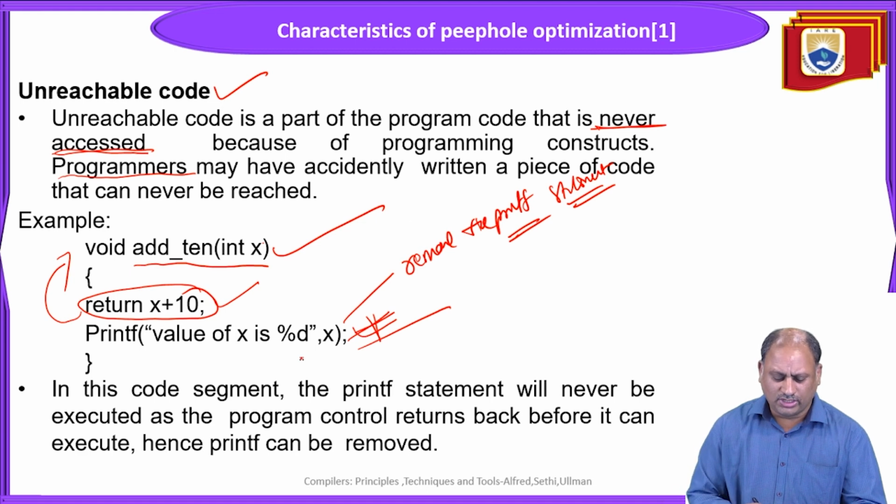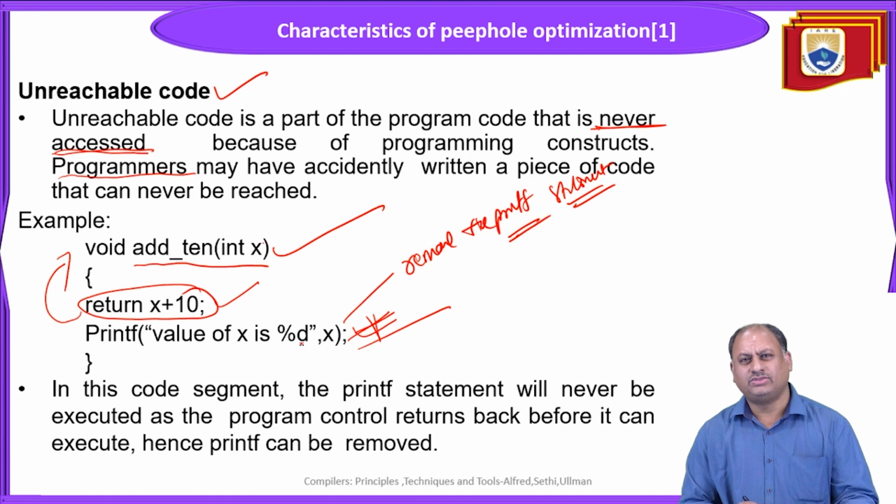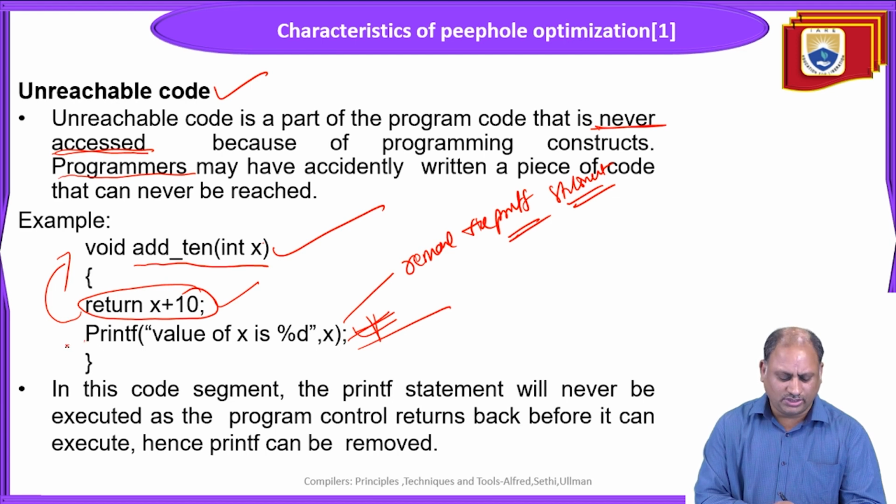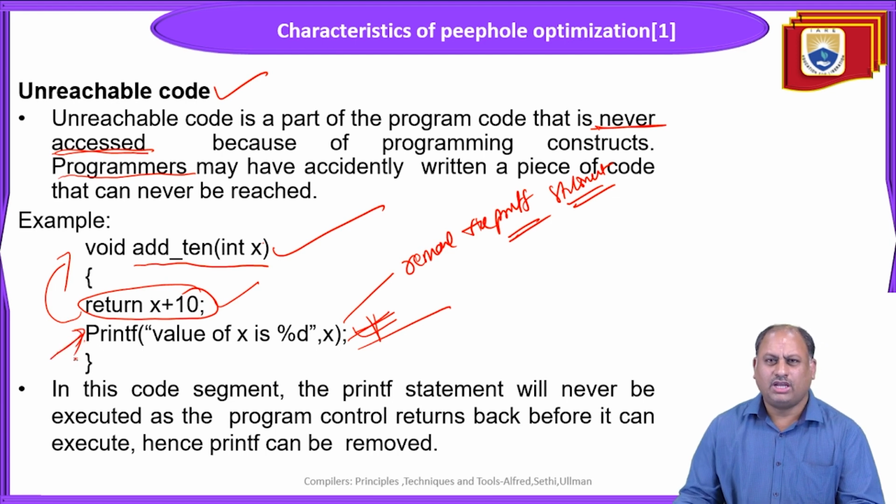So this is an example of source code where the lines of statements are to be available and executed properly. If that is required, we can keep it. So the printf statement, if it executes, we can keep it.